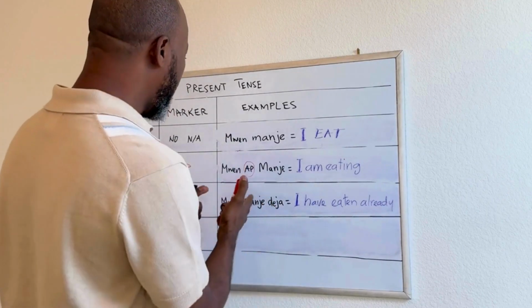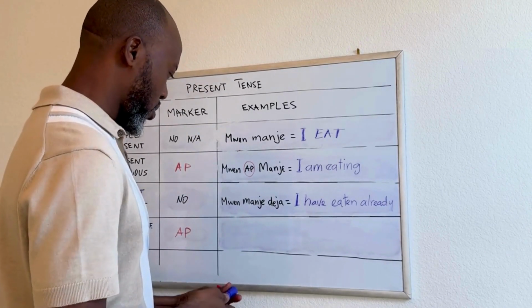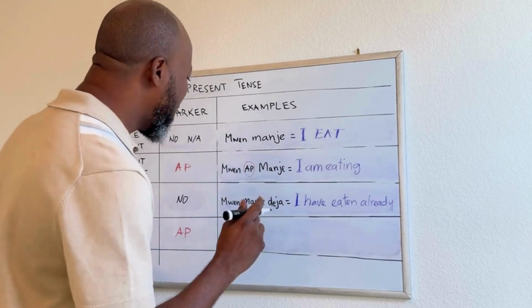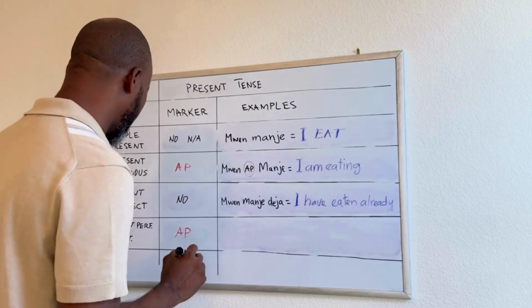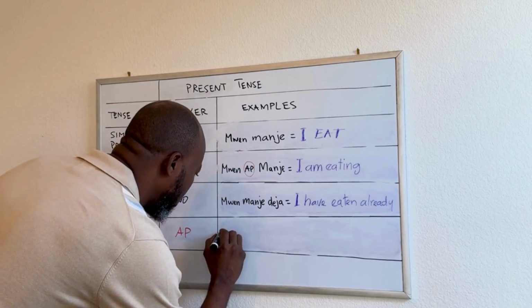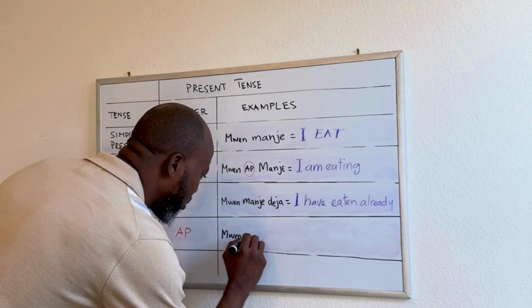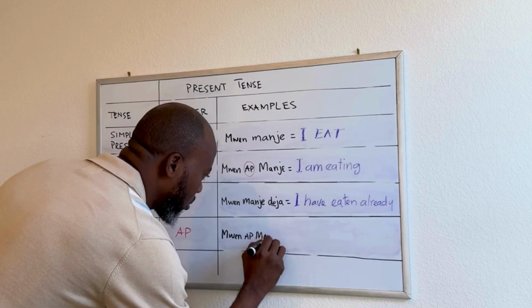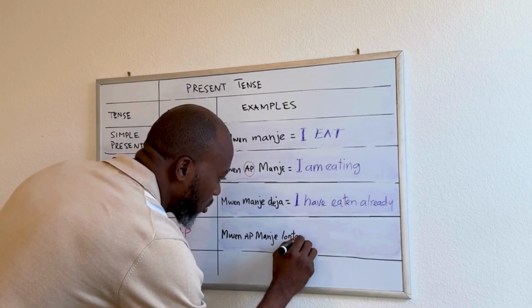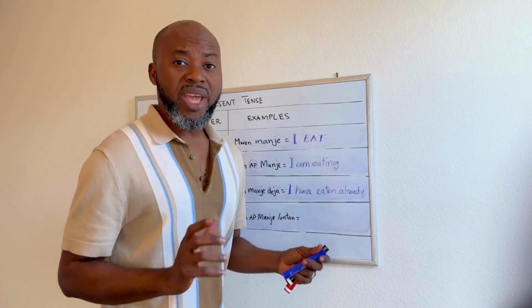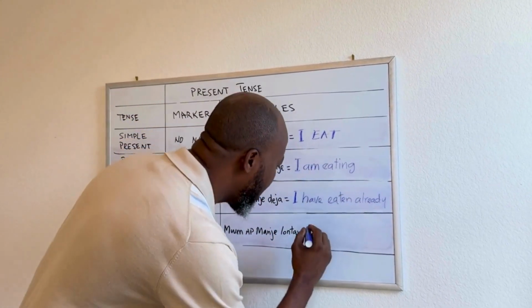And if I'm going to keep this, the example will be moi ap manger longtemps. Meaning, I have been eating.